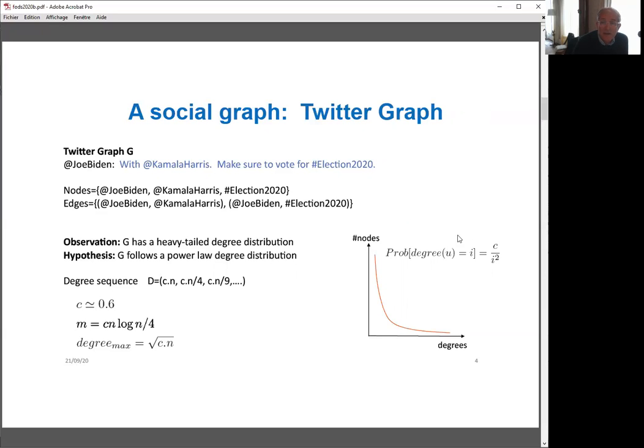So for us, we'll take this hypothesis that the probability that the degree is i is equal to C over i squared. And then naturally you have this degree sequence. So the number of nodes of degree 1 is Cn, number of nodes of degree 2 is Cn over 4, and so on and so forth.